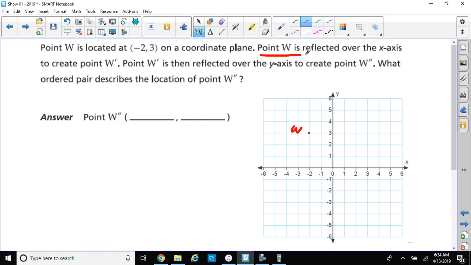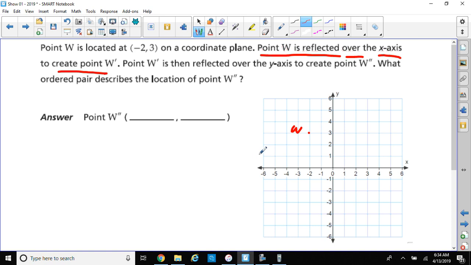Point W is reflected. That means there's a mirror going on over the x-axis to create point W prime. So let's stop a second and look at the x-axis.